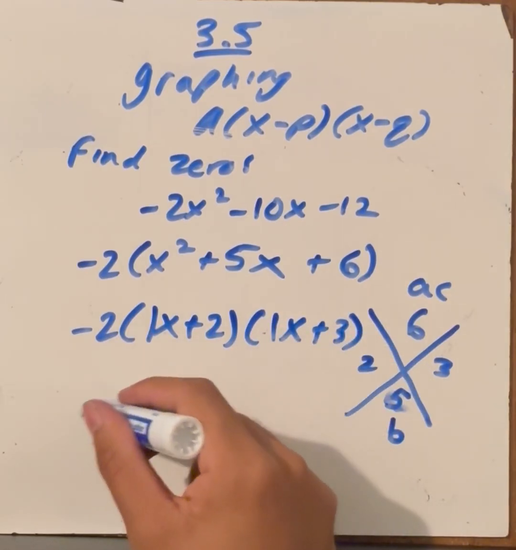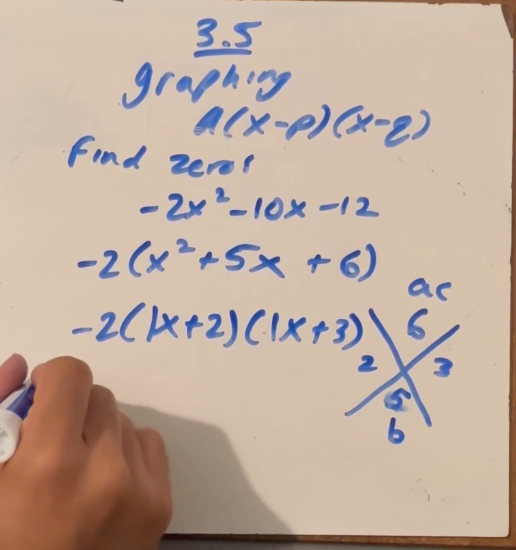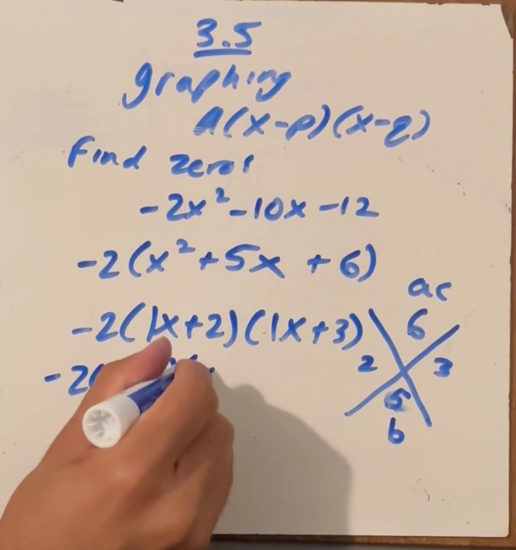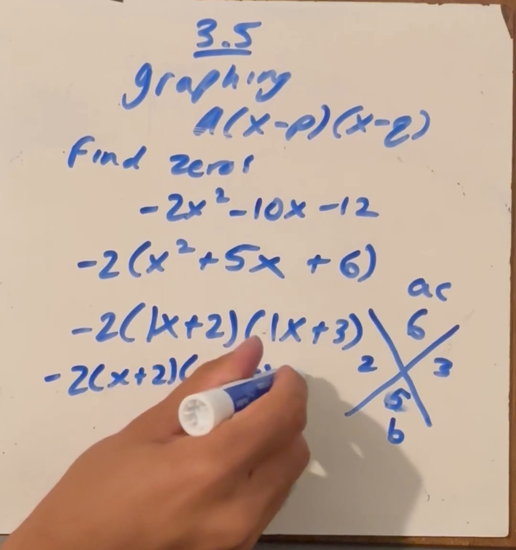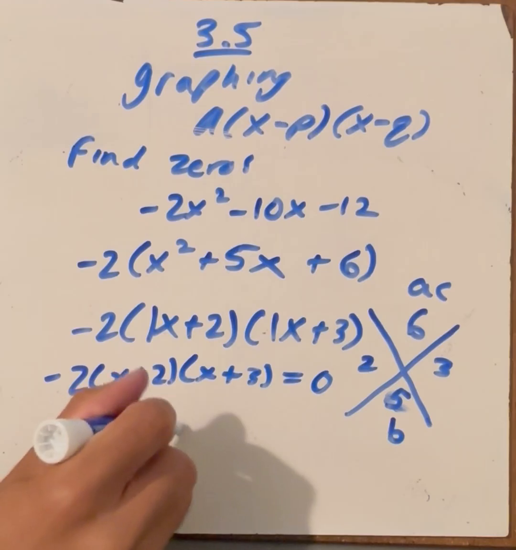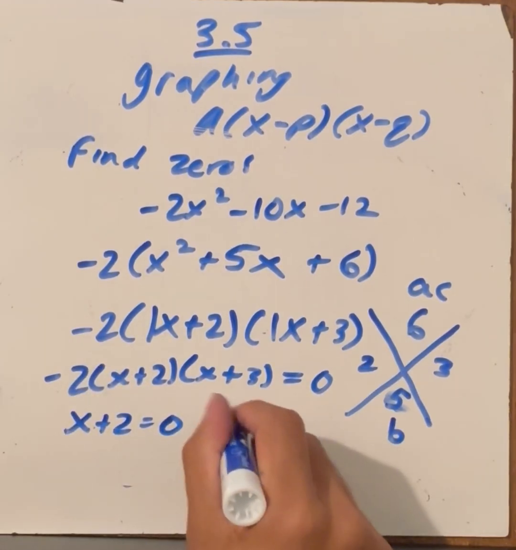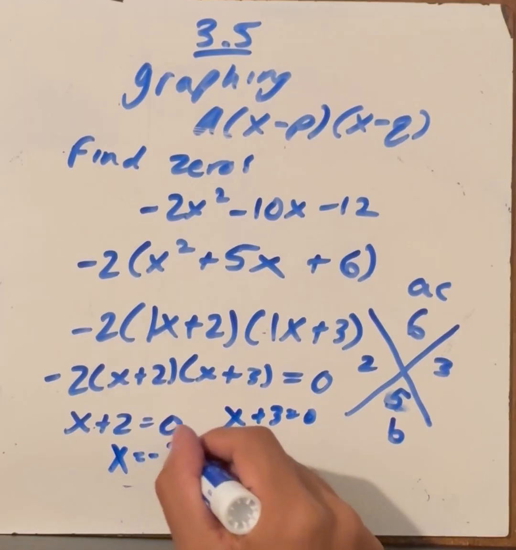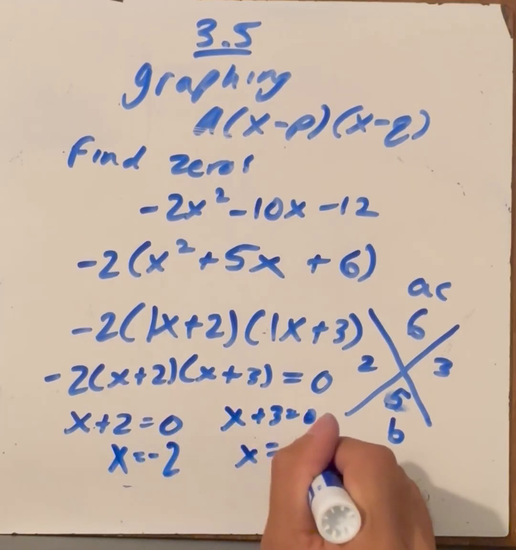Then, to find the zeros, we can set this equal to 0 and say x plus 2 equals 0 and x plus 3 equals 0. So x is equal to negative 2 and x is equal to negative 3.